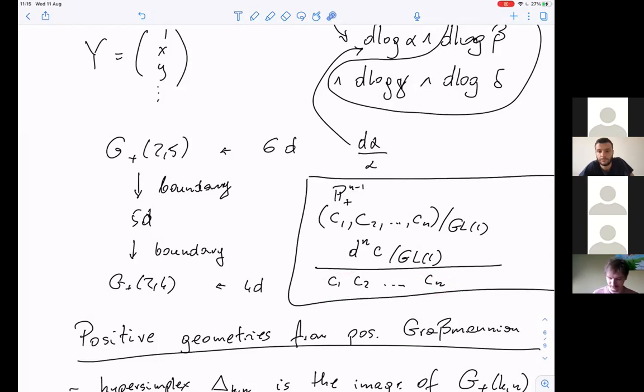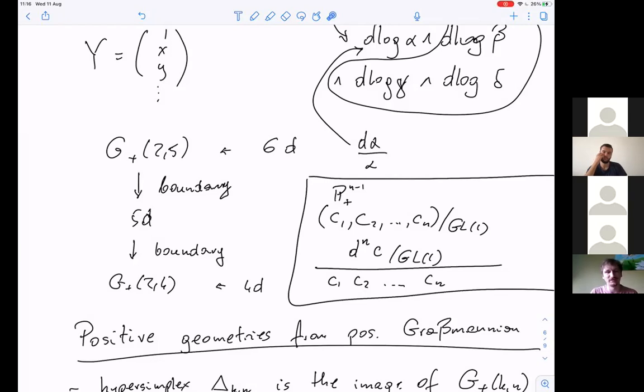Could you say a word or two about how you get these forms in the first place? I don't know a first principle derivation of it. This is something mathematicians knew for a very long time, and I'm not sure how they arrived at this formula, but there are some things you can say about this form.